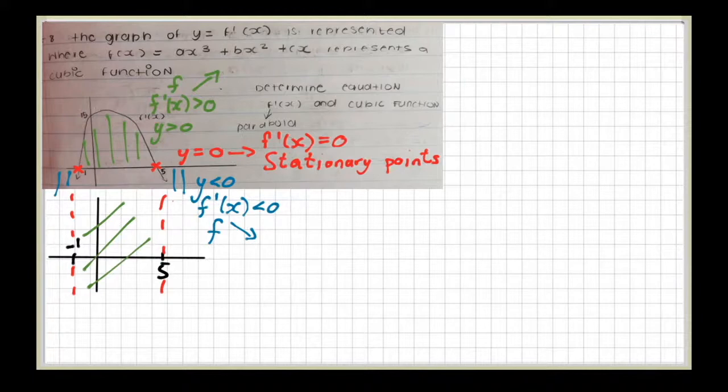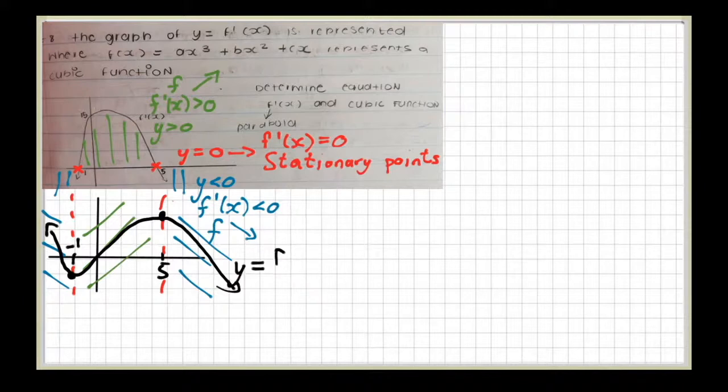On the left-hand side of -1, my graph is decreasing. And on the right-hand side of 5, my graph is decreasing. In other words, this graph has to look something like that. Okay, let me rather make sure that I've got my turning points right. Here we go. So there's my one stationary point, there's my other one. And that is a rough sketch of y equal to f(x).